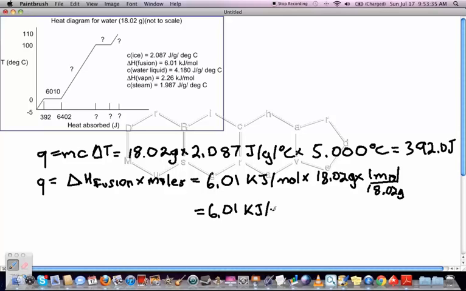Now, one thing I'd like to do is get a total on the amount of energy it's going to take to go from -5 to 110 degrees. In order to do that, I will want to be comparing apples to apples. So I've got joules over here in my first one. I actually want to convert this into joules as well. And I will do so by multiplying by 1000 joules over 1 kilojoule.